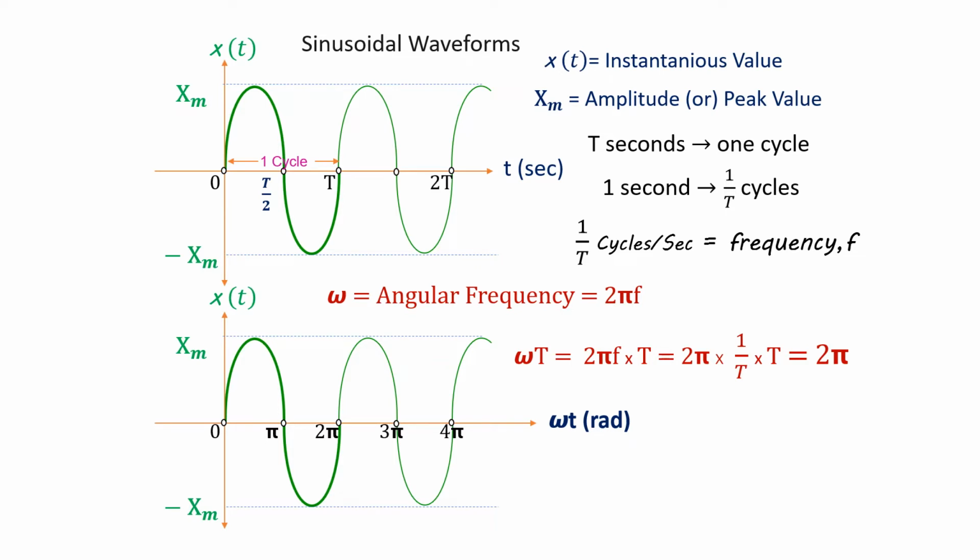For f, you substitute 1 by T, and cancelling T and T, you get it as 2 pi. Thus, the capital T in the first figure corresponds to the value of 2 pi radians in the second figure. Thus, we could represent the value of x as Xm sine omega t, in which the sine function is shown as a sine of an angle.